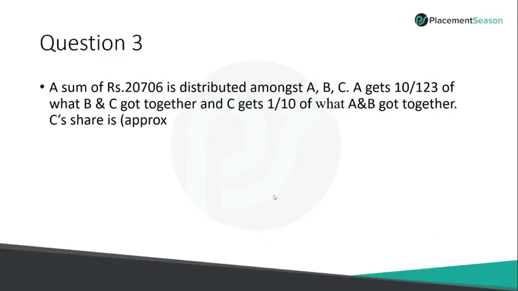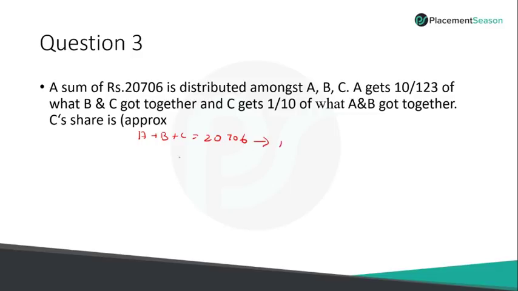Next one. Problem number 3. Look at this very easy problem. You can see it is a ratio problem under the division method. First point, a sum of rupees 20,706 is distributed among A, B, C. So the first point is A plus B plus C equals 20,706.